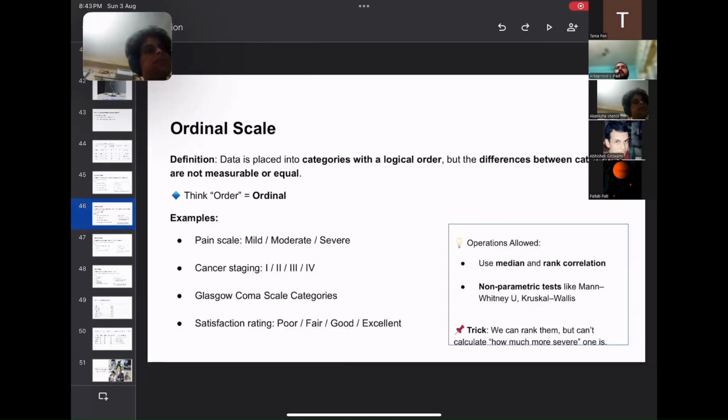Similarly, in the Glasgow coma scale, does anyone know what the Glasgow coma scale is? Okay, we'll discuss GCS at a later point, definitely. And this is how the ordinal scale works. For the meantime, you should know that there is a definite logical order without measurable differences between them, right?